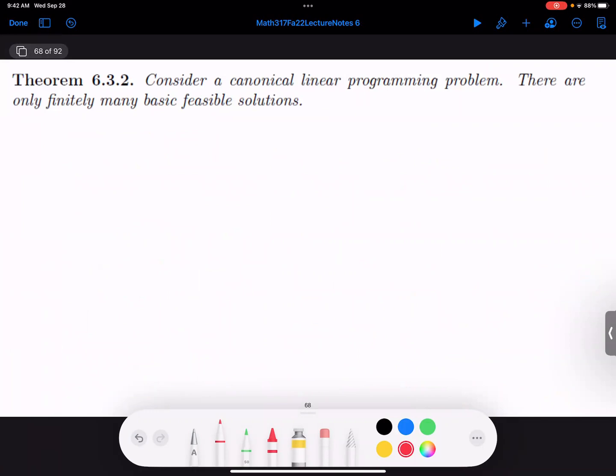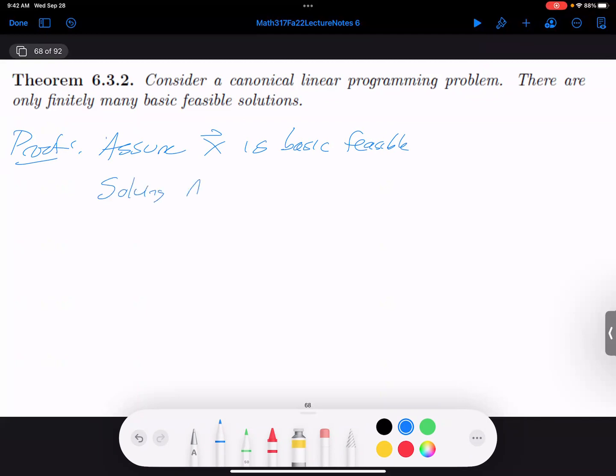There are only finitely many basic feasible solutions. Assume x is basic feasible. And so we're solving Ax equals b. Say b has n components.